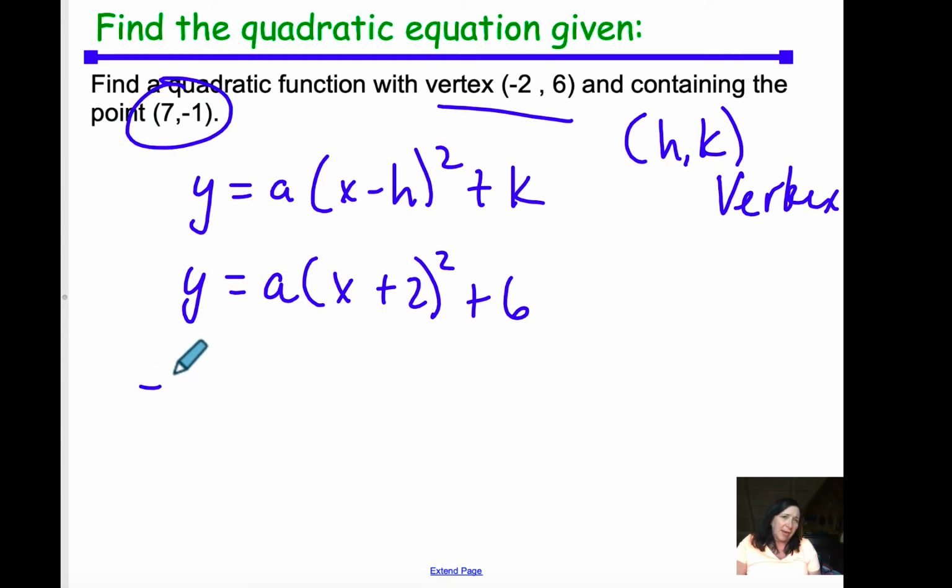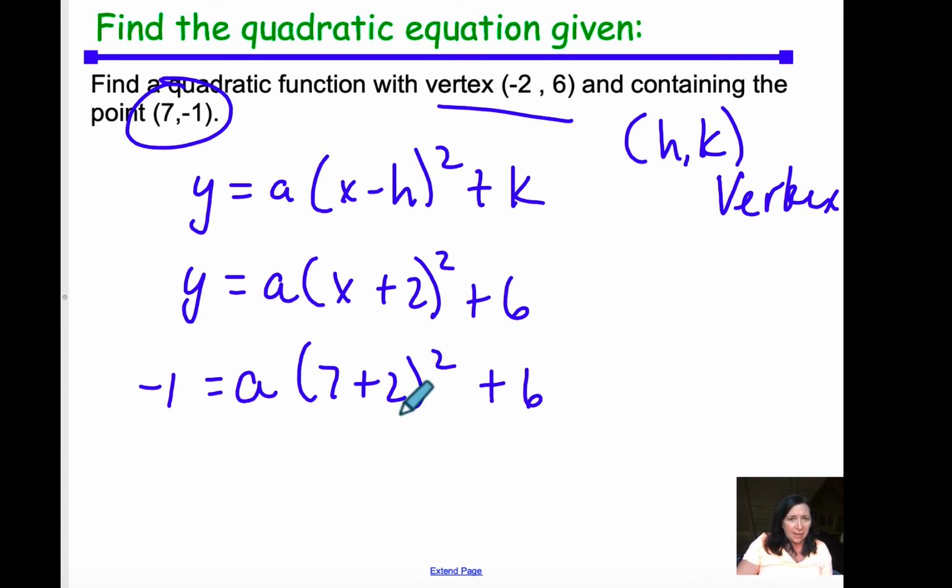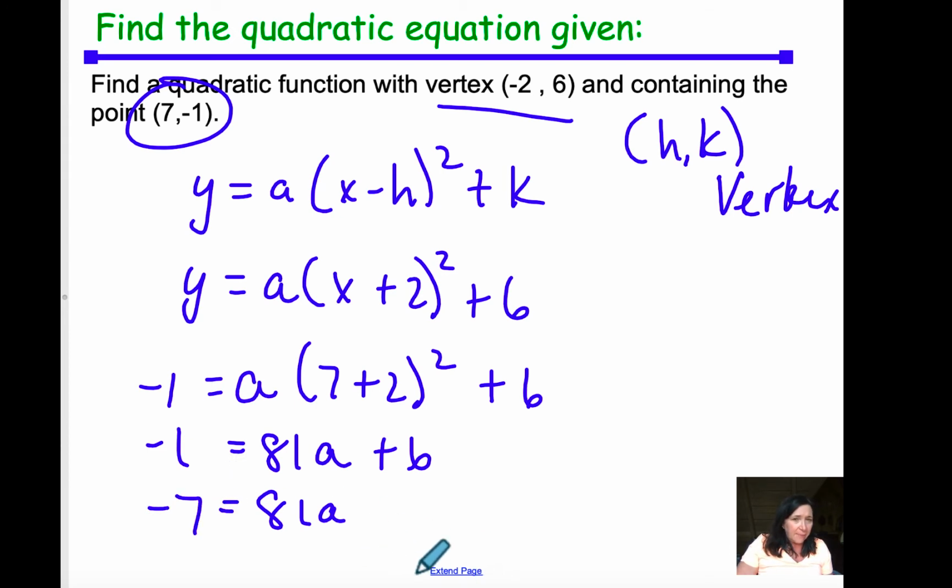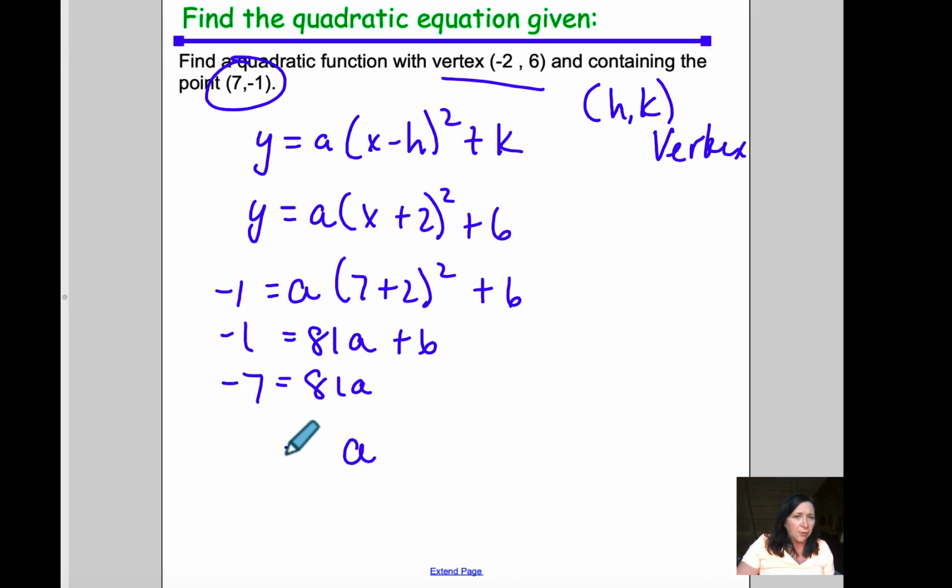So we're going to plot that. Negative 1 is equal to a, don't know what that is, times 7 plus 2, quantity squared, and then add 6. So we've got 9 squared, which is 81. So we have 81a plus 6 equals negative 1. We have 81a is equal to negative 7. Therefore your a value is equal to negative 7 over 81.